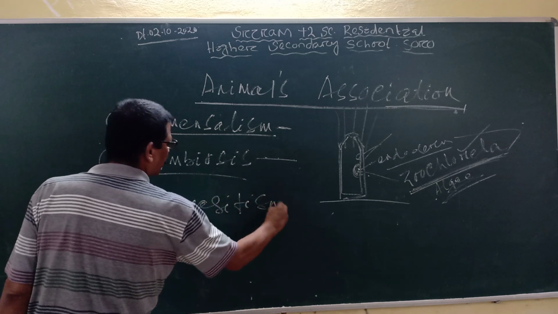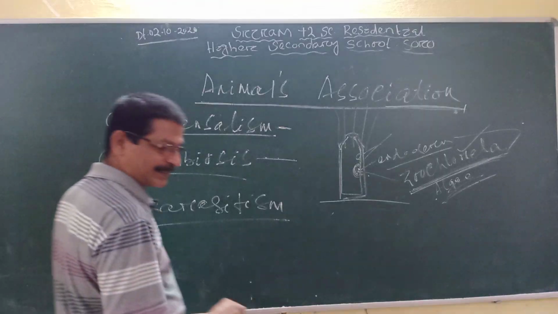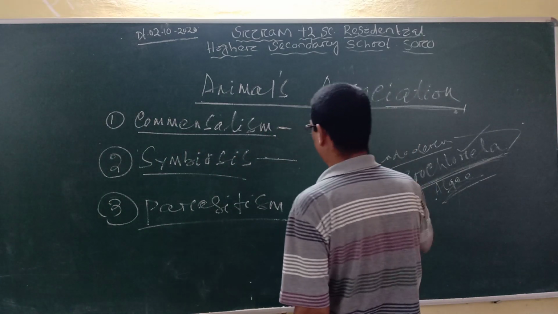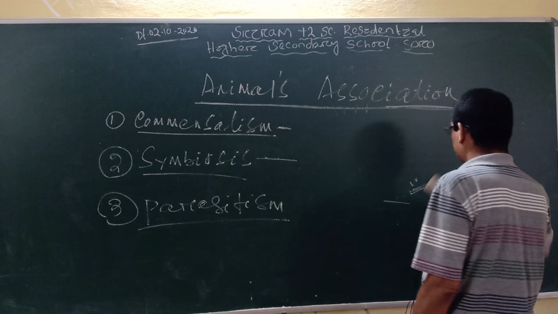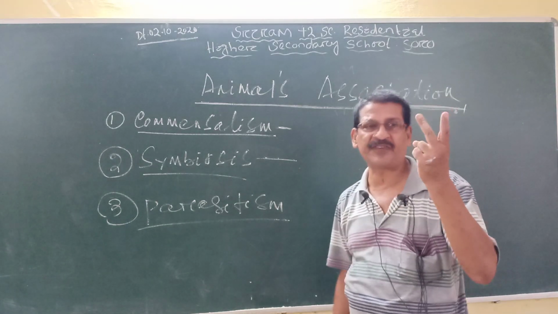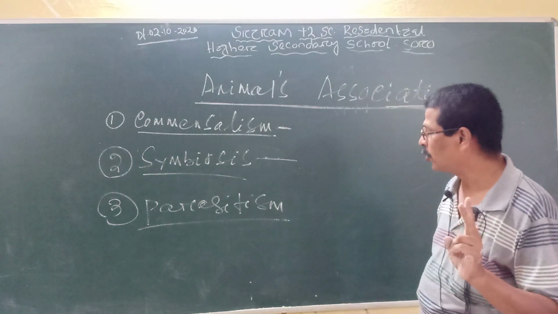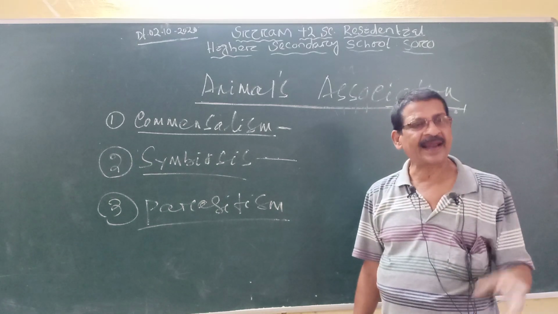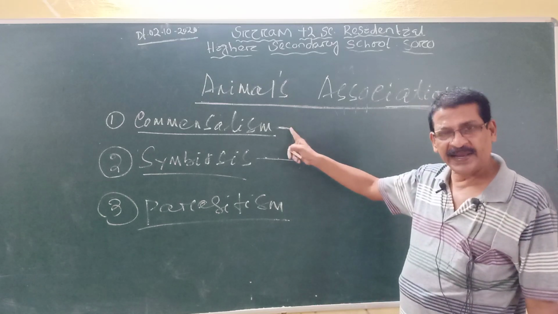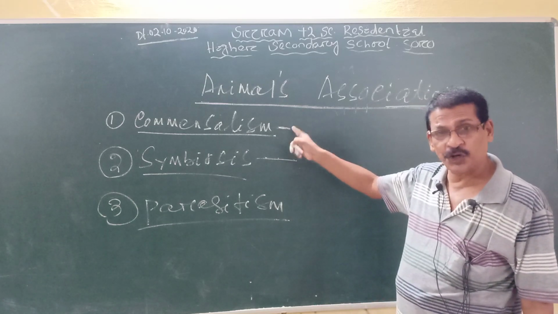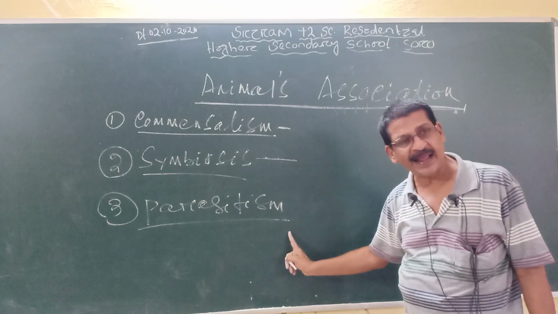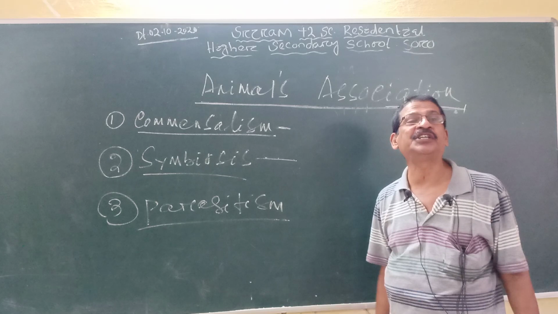This is the most dangerous one. This is parasitism. It is an association between two different organisms where one is benefited and another is injured. In commensalism one is benefited and the other is neither injured nor benefited, but here one is benefited and the other one is injured.